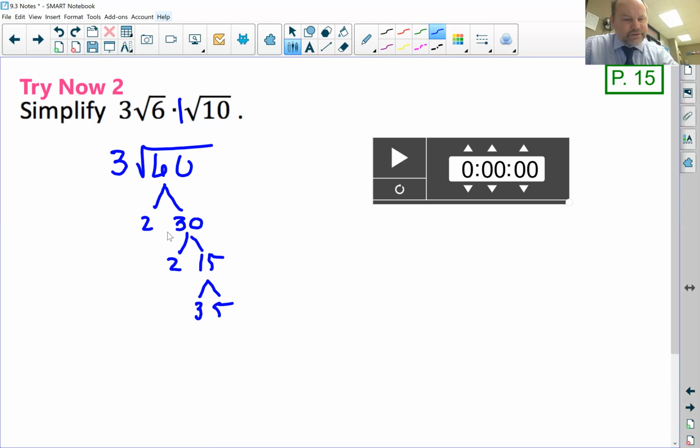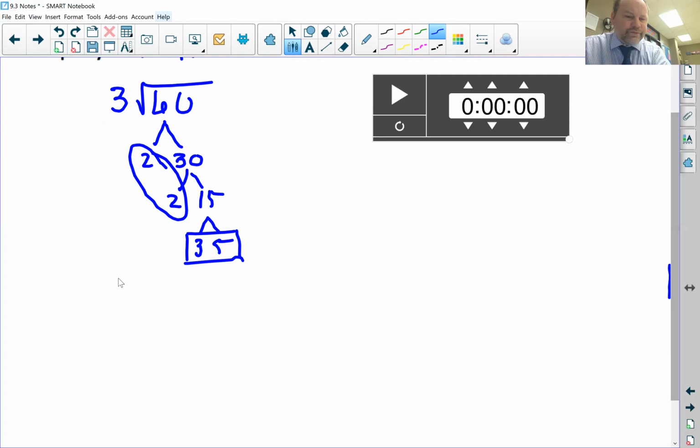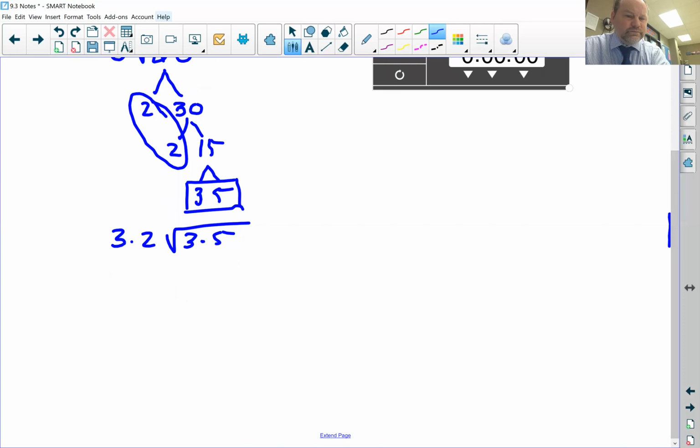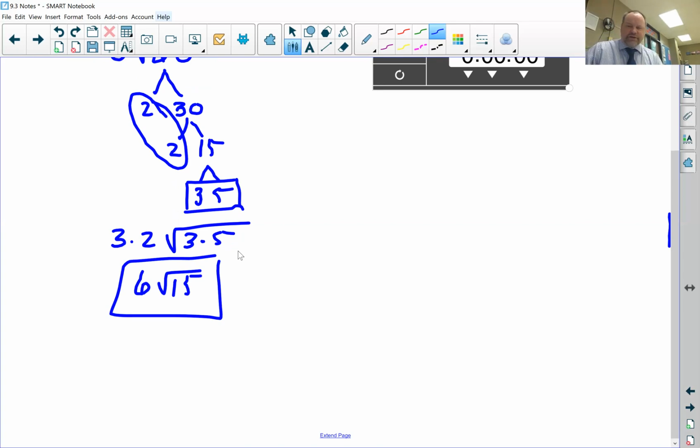So I've got that pair that's perfect squares, and these are not perfect squares. So I would have 3 times 2, and underneath the square root, I would have 3 times 5. And if I multiply those together, 6 square root 15.